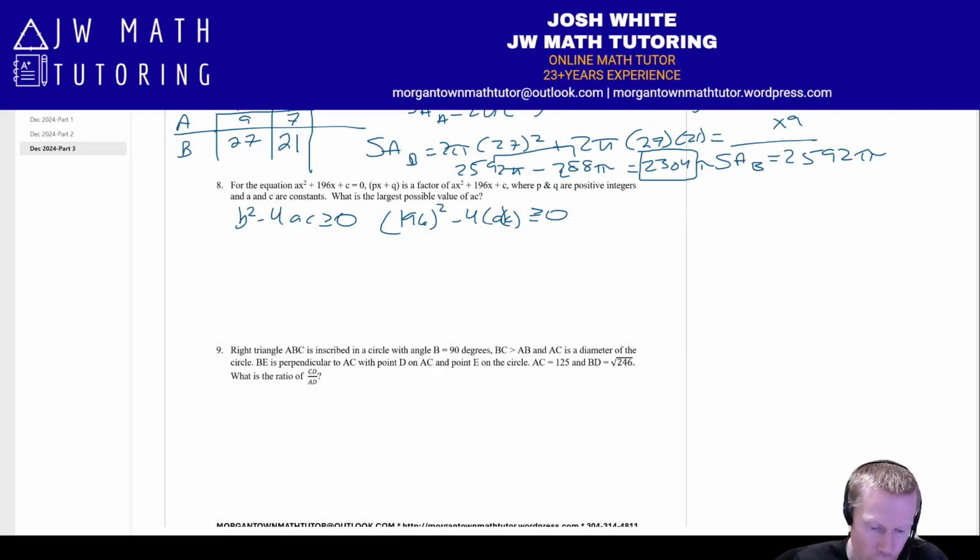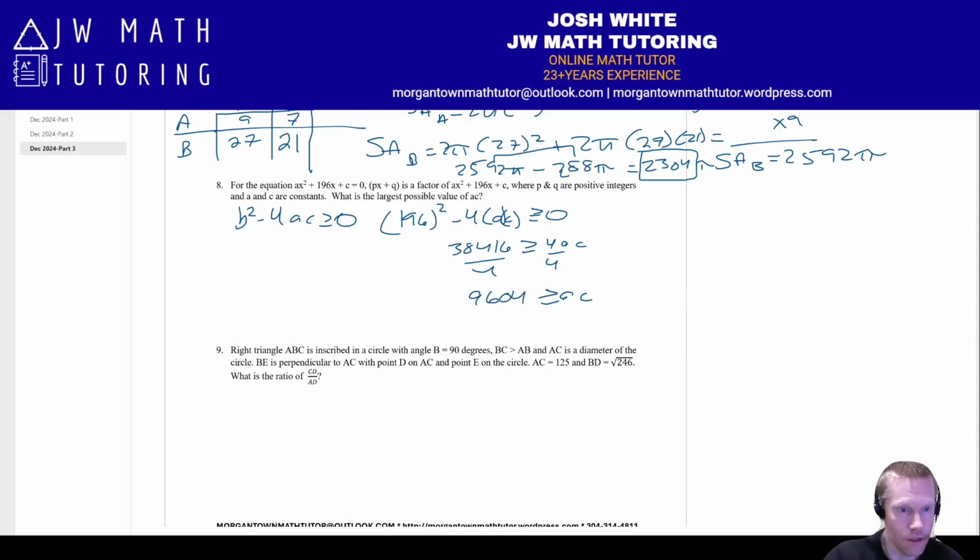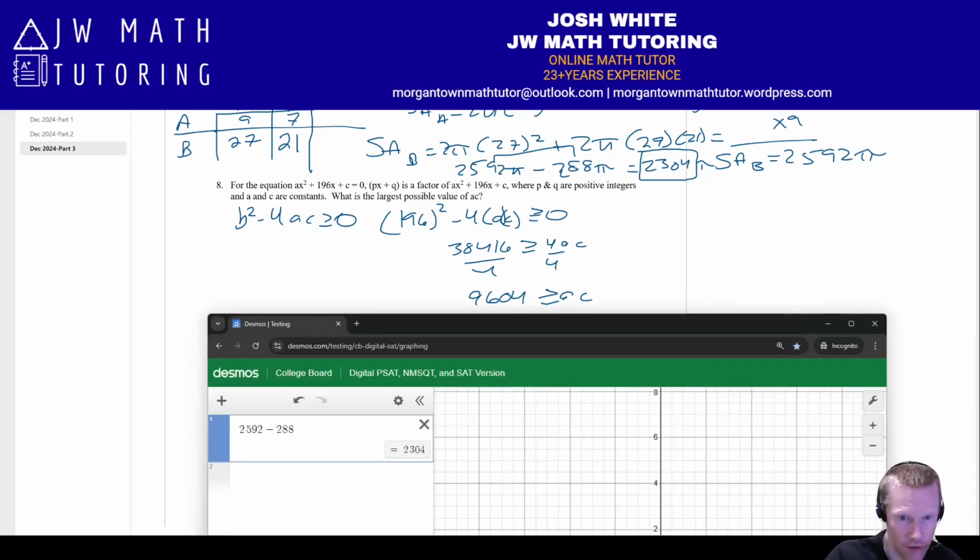So what you end up doing is you just get 196 squared, 38,416, greater than or equal to 4ac, divide by 4. AC should be less than or equal to 9604. So that should be your answer.